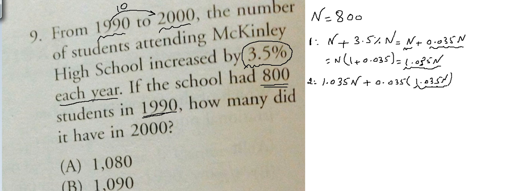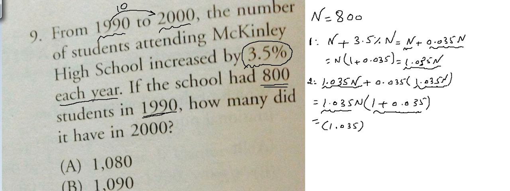Taking 1.035 n as a common factor, we get 1.035 n times (1 plus 0.035), again 1.035 times 1.035.